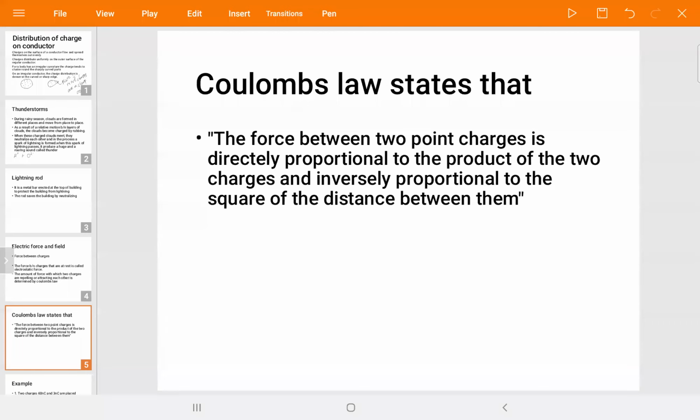The force that exists between charged bodies at rest is electrostatic force, which is directly proportional to the product of two charges. We have two charges, Q1 and Q2. Assume Q1 and Q2 are point charges, for example. This one is Q1, and this is Q2. And there is a separation between Q1 and Q2, which is R.